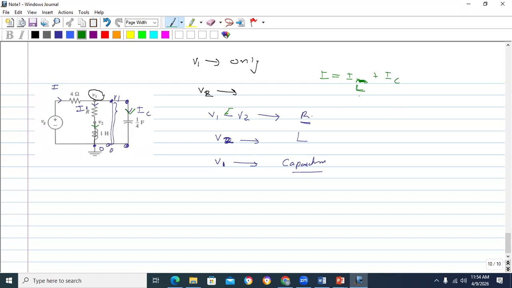These are not constant, these are functions of time. I is changing, IL is also changing, IC is also changing.